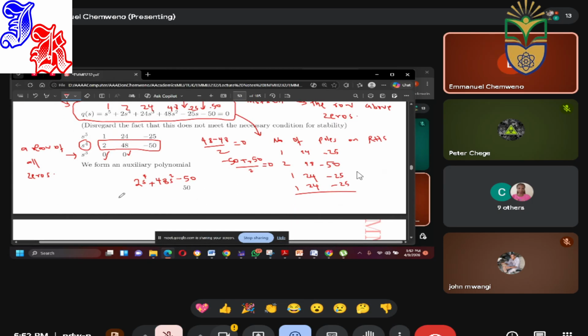And then, because this is the same polynomial as this, you now get dp over ds equal to 8s cubed plus 96s. Now this becomes a coefficient of s power 3. So I'll now replace my zeros with 8 and 96.